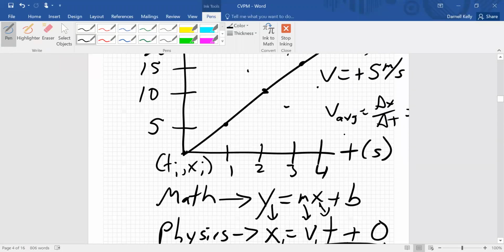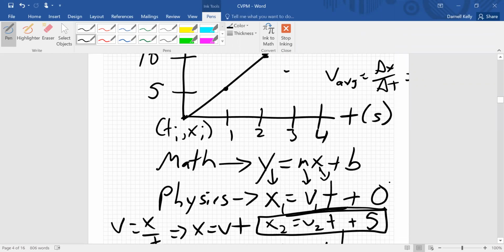Why is that? Because velocity is rise over run, change in x over change in time, where x is in the y-axis and time is in the x-axis. So that's why t is here, represented in the x-axis. We do not have a y-intercept for this line, so that's why this is 0. Or we can just not write it.